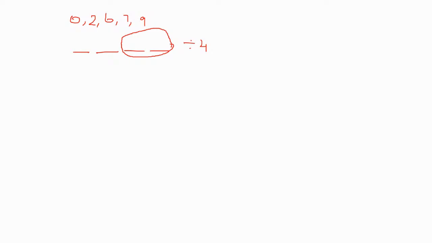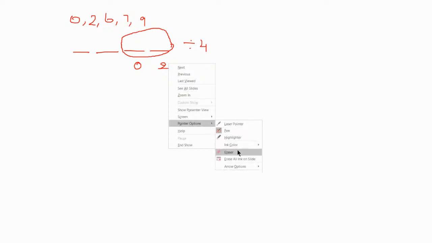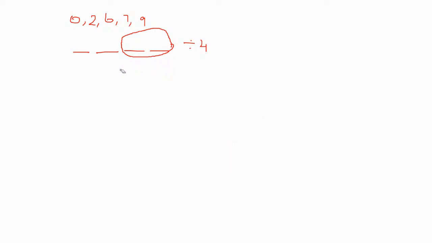So what are the possibilities from the given digits 0, 2, 6, 7, 9, such that it is divisible by 4? I have to go for the combinations. Is 0, 2 possible? Is 02 divisible by 4? No. 0, 6 or any other value?